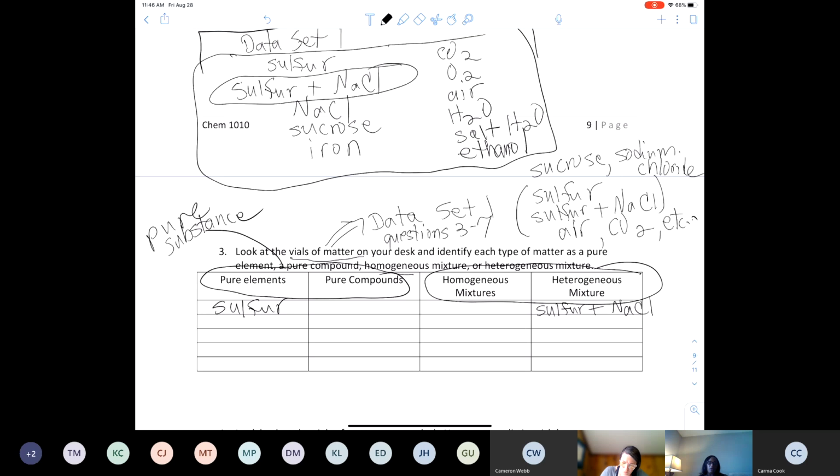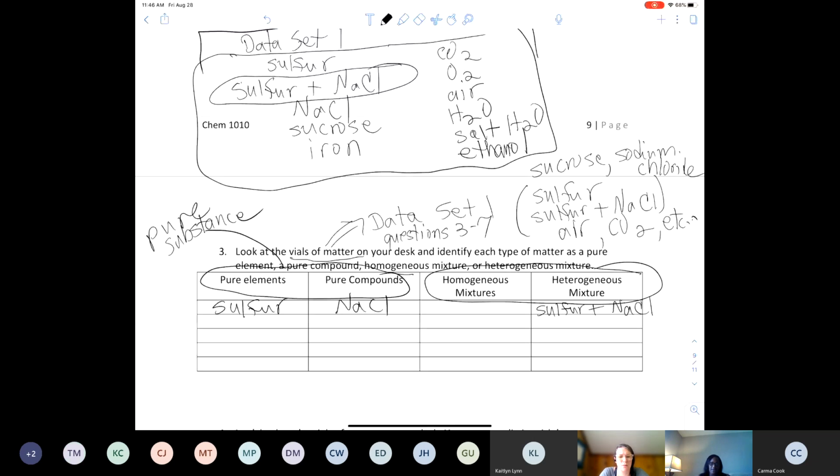What about the sodium chloride? Compound. What about where are we putting the sucrose? Pure compound.